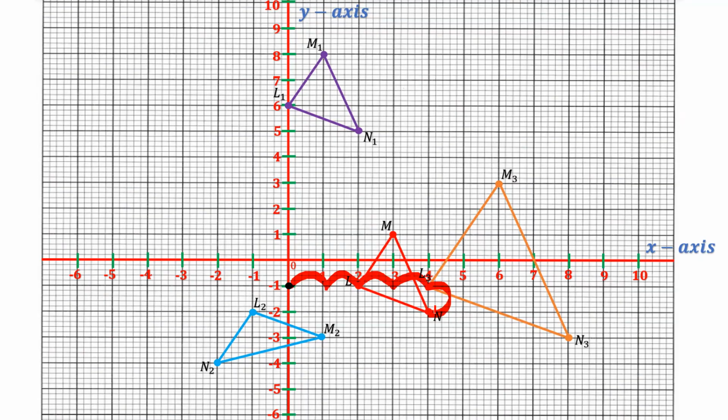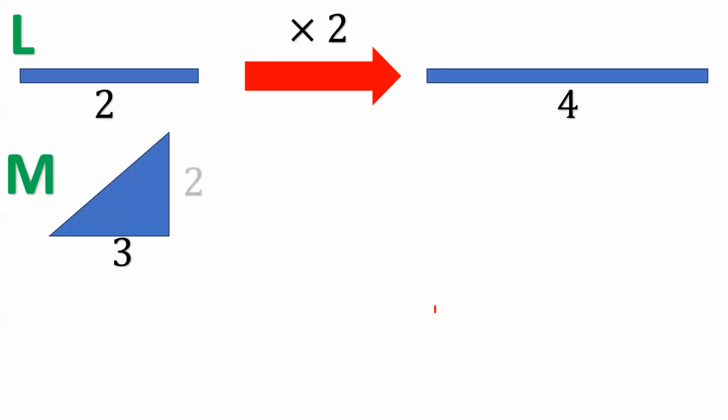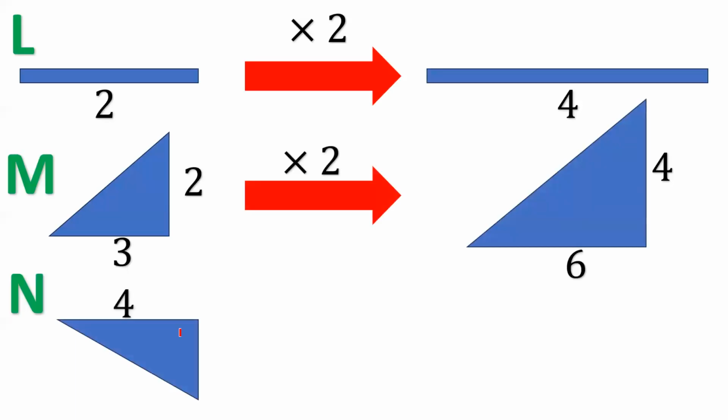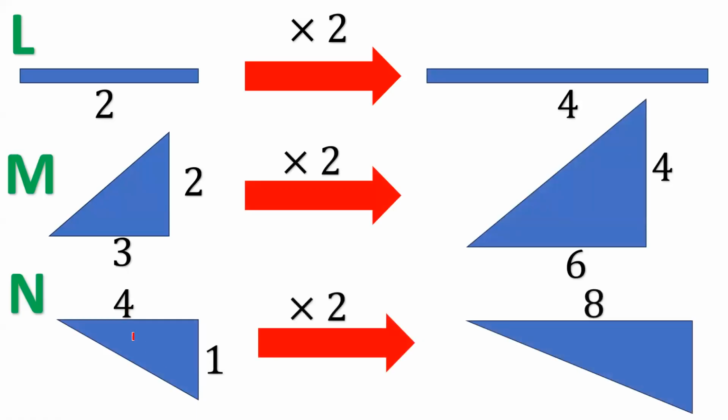That's where N is. So that means that if we go here, we find that, again, N is 4 units away across and 1 unit away going down. And so that means we multiply by a scale factor. We have 4 times 2, which is going to be 8, okay? And 1 times 2, which is going to be 2.